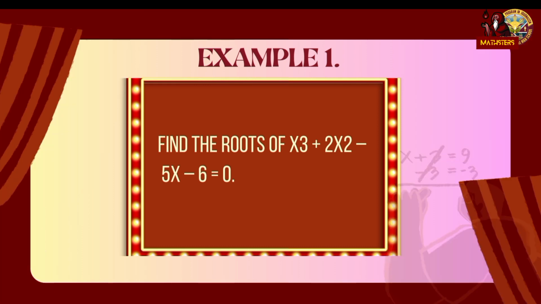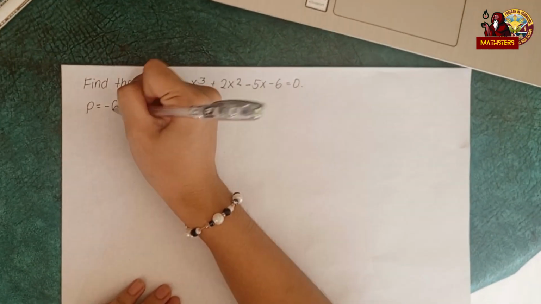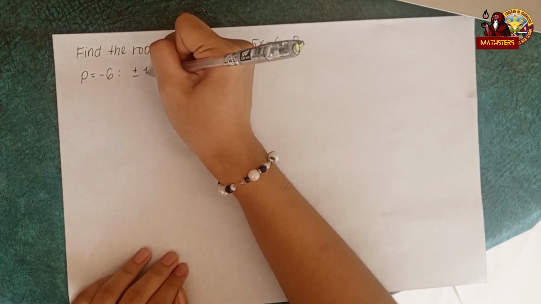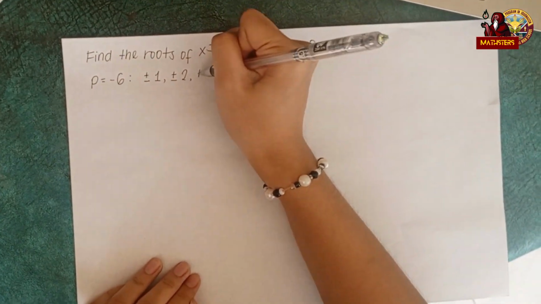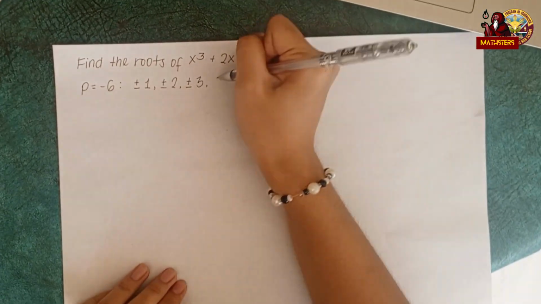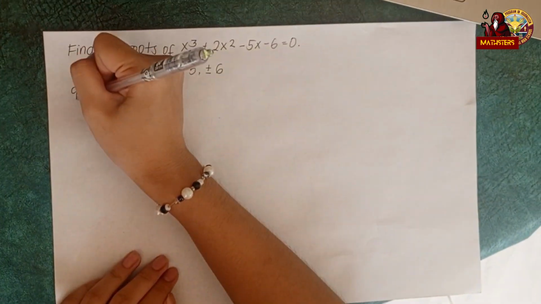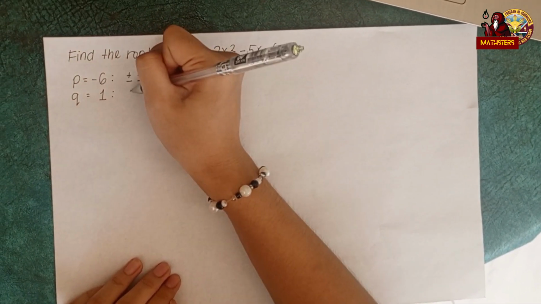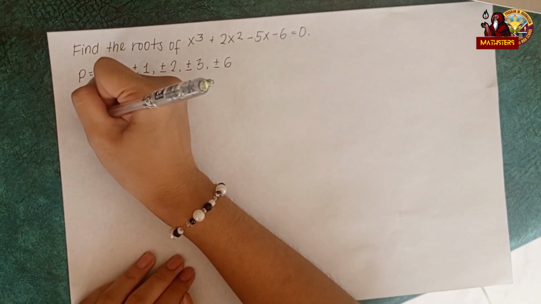In this example, we have x cubed plus 2x squared minus 5x minus 6 equals 0. Let us answer this step by step. First, list the factors of the constant term a sub 0 equals negative 6. This means that p is equal to positive negative 1, positive negative 2, positive negative 3, positive negative 6. List the factors of the leading coefficient a sub n equals 1.